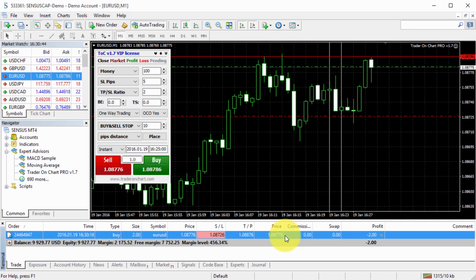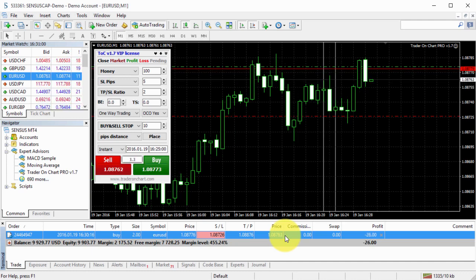It should win $200 because my take profit is 2 times bigger than my stop loss. So while this trade is running, hopefully it will hit stop loss soon. It usually happens when you don't expect it, but now that I'm waiting for it to hit stop loss, it might never happen actually, yeah.